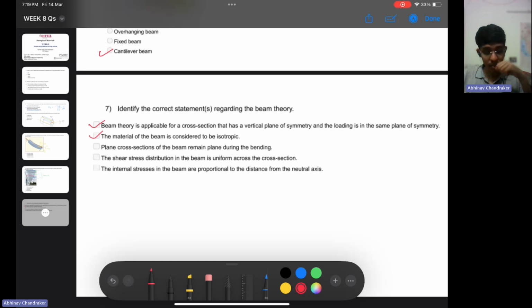Sorry, the normal stresses and shear stresses will be zero, not the strains, since Poisson's ratio will also be applicable there.